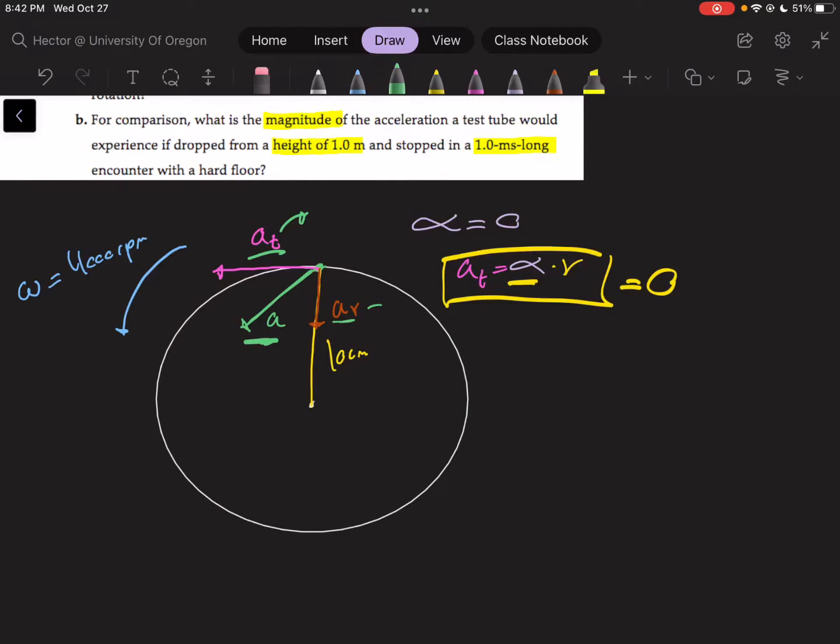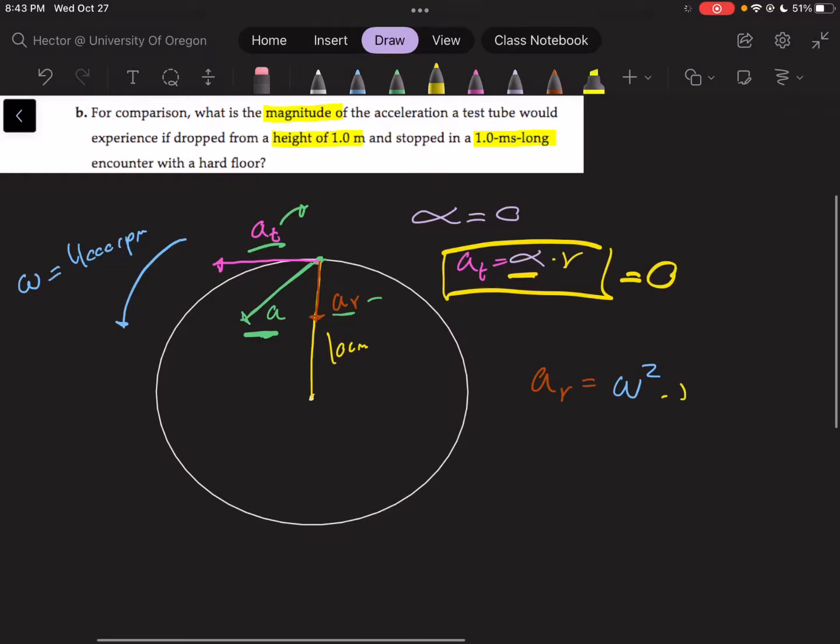Okay, so by angular acceleration and angular velocities and all this, a sub r, or the centripetal acceleration, is defined to be that a sub r equals omega squared times our radius, times how far away it's rotating from the center.